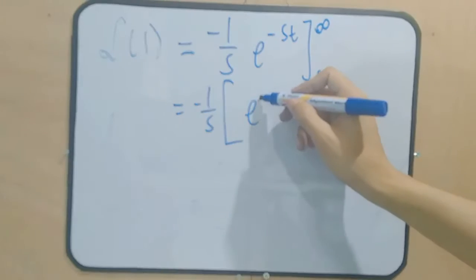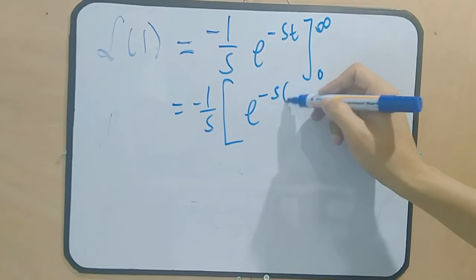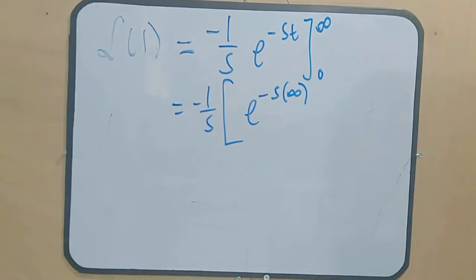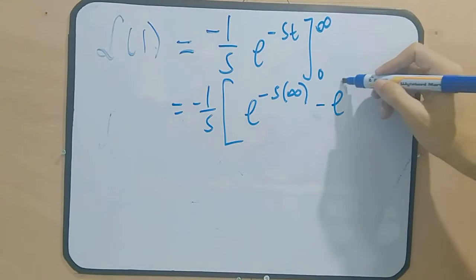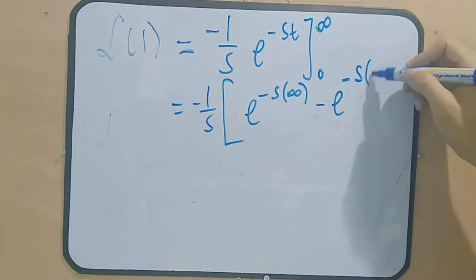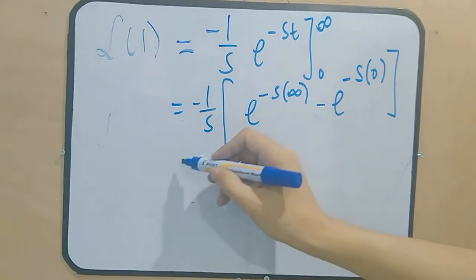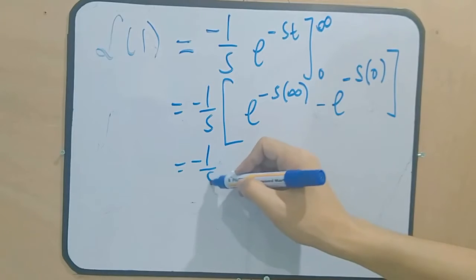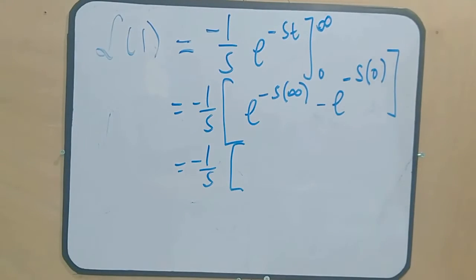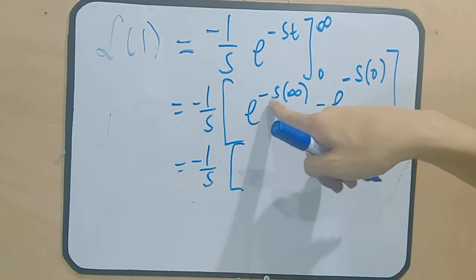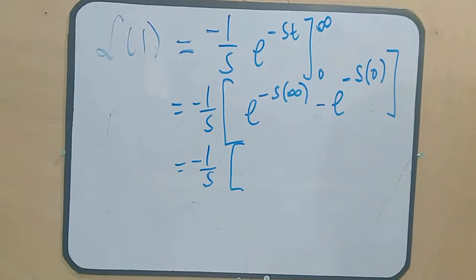So that is just negative s times infinity. Okay? So minus e raised to negative s. So t natin here is 0. Simplify natin guys. So we have here negative 1 over s. So ito guys, so negative s times infinity.